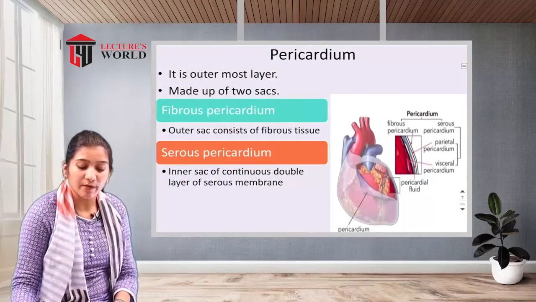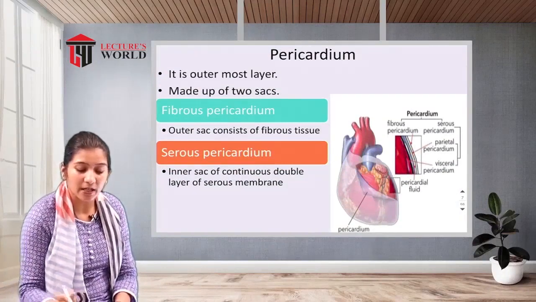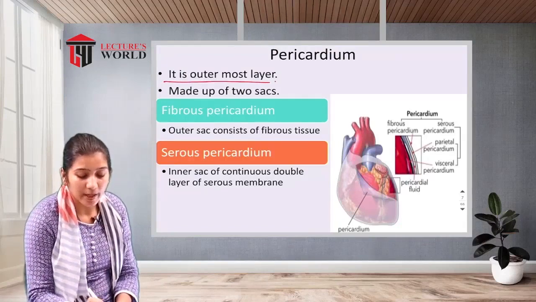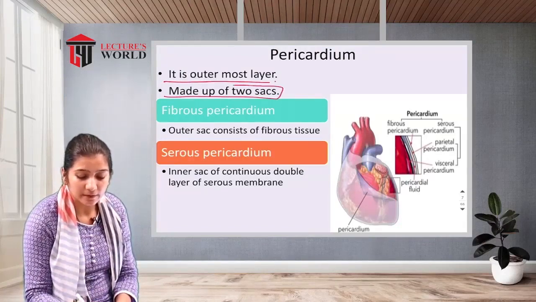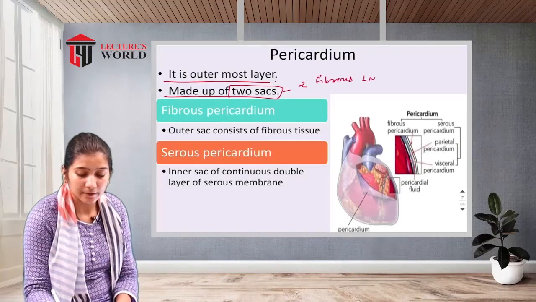In that, first we will discuss the pericardium. What is a pericardium? So pericardium is an outermost layer. It is made up of 2 sacs, okay, it is made up of 2 fibrous layers.